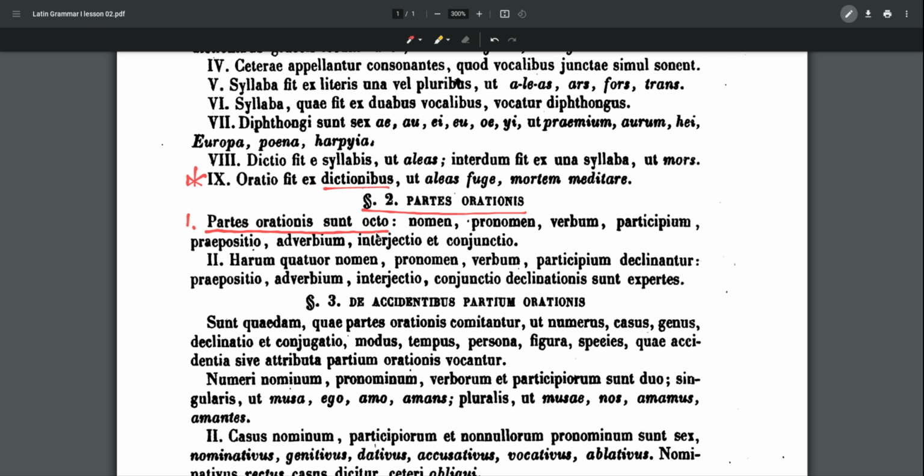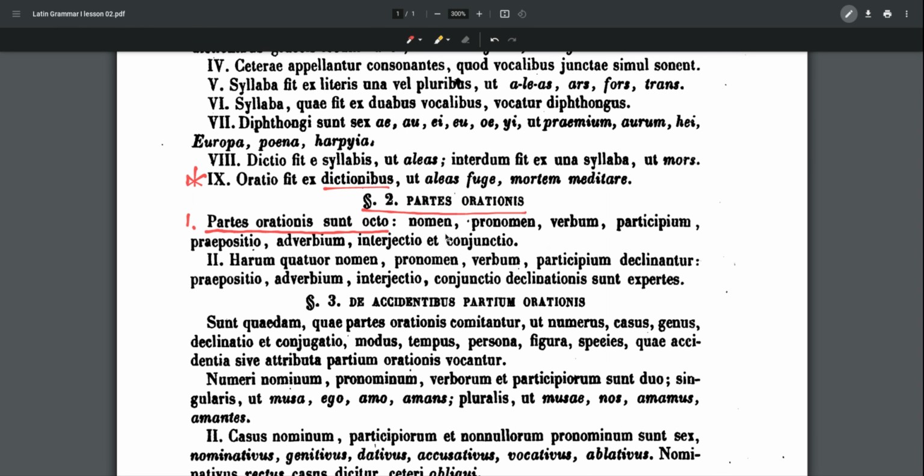Octo is the Latin word for 8. We could also read this as there are 8 parts of speech. Either translation would be good, but the best translation is always that which stays closest to the original Latin word order. So the parts of speech are 8 is the best translation.